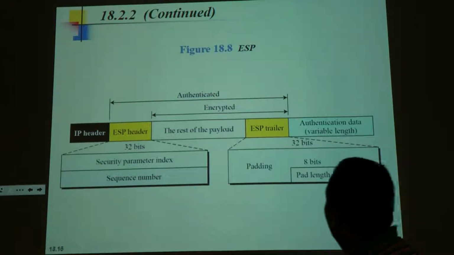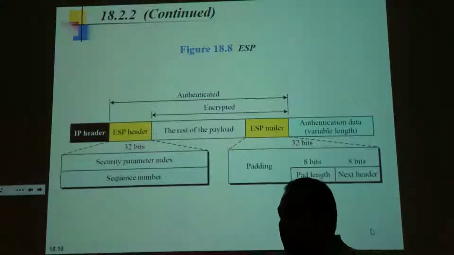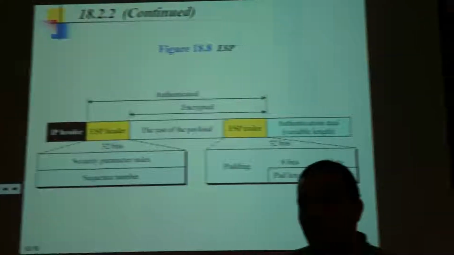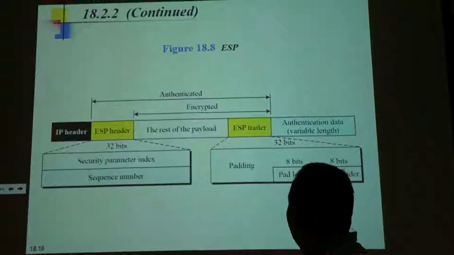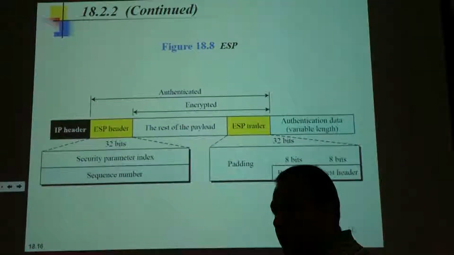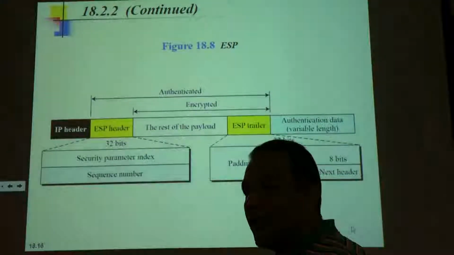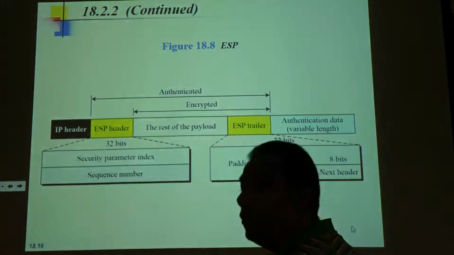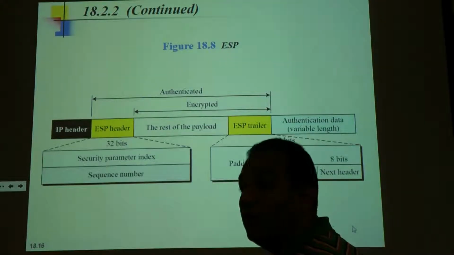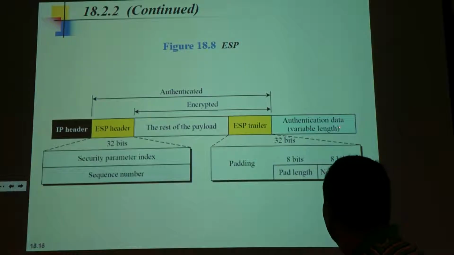So what will happen? The data with the trailer will be encrypted. And the header with the data and the trailer will be authenticated. Authentication means what? Calculating the digest and adding it where? Authentication data.